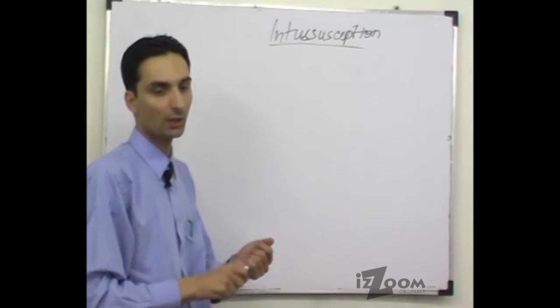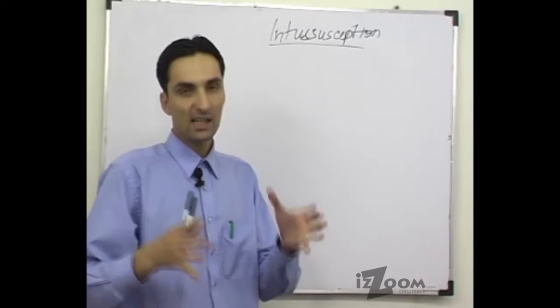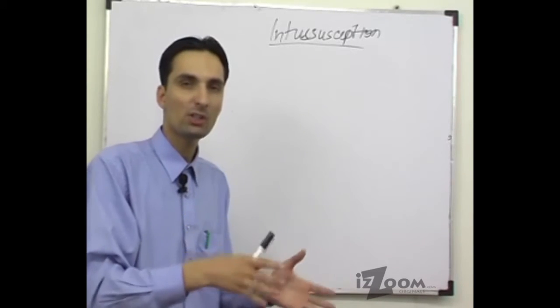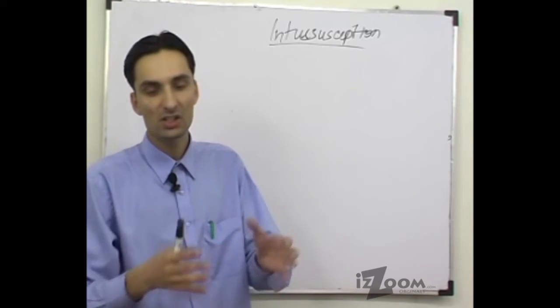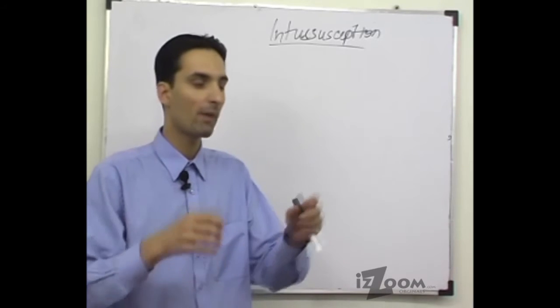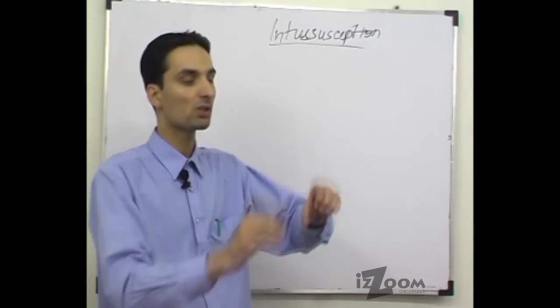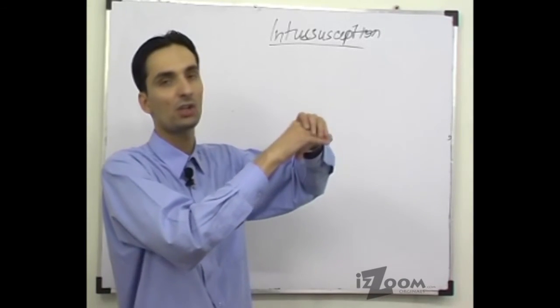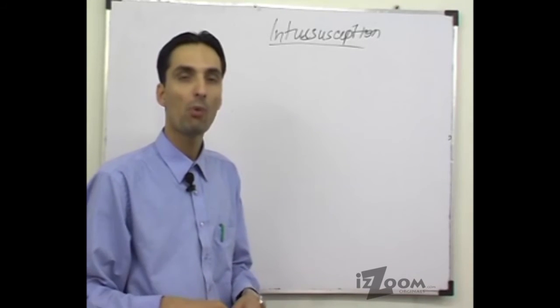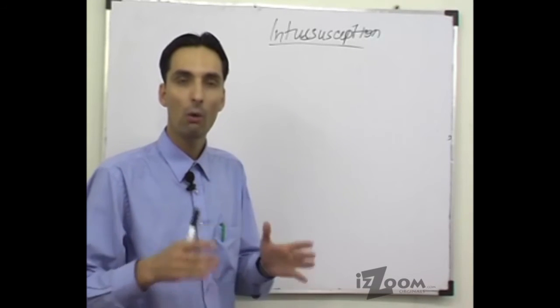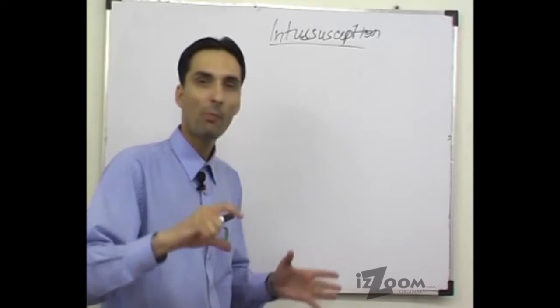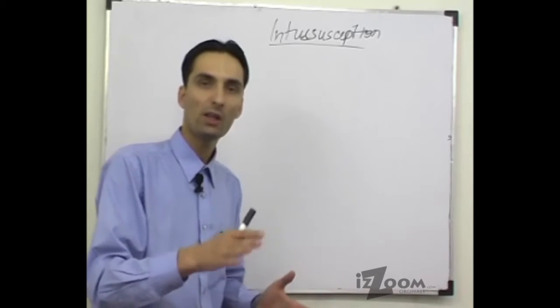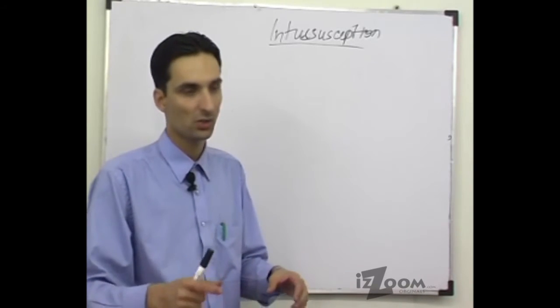Intussusception is basically defined as invagination of the proximal bowel into the distal segment of the bowel. The proximal segment of the bowel invaginates into the distal segment, and it most commonly occurs where a small part of the bowel, such as the small intestine, joins the large intestine.